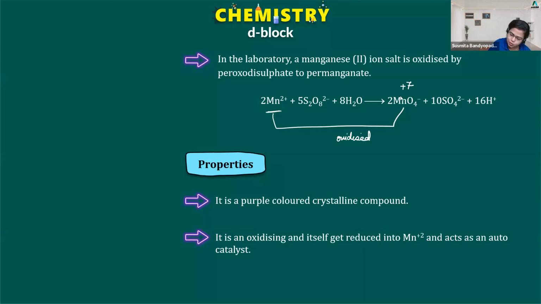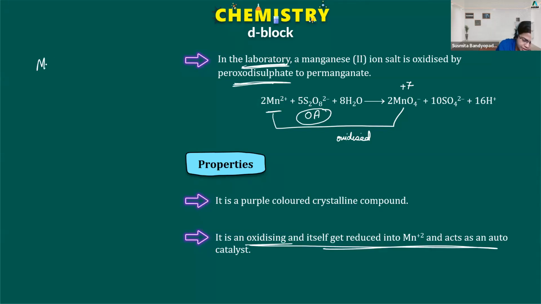And who does this oxidizing work? Peroxodisulfate is used as an oxidizing agent here, and it converts plus 2 to the plus 7 state. Done. What method? Lamb method. Purple colored solid, it is oxidizing in nature and itself gets reduced to Mn2 plus.